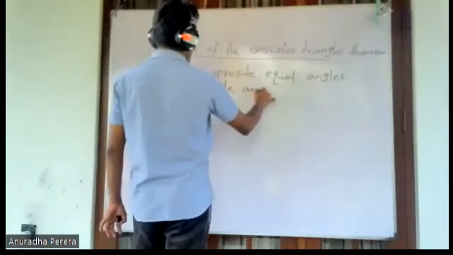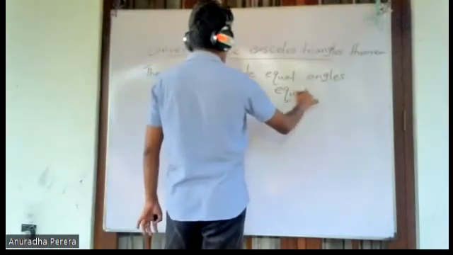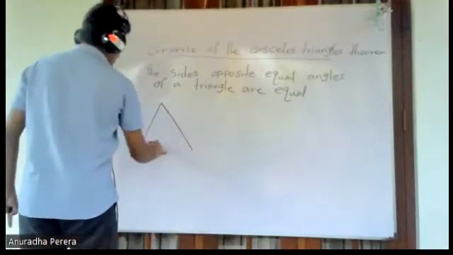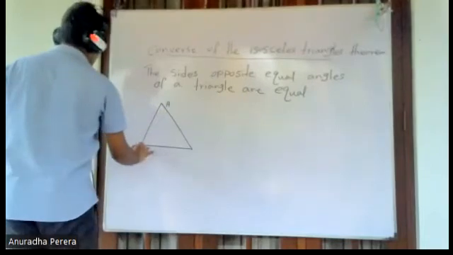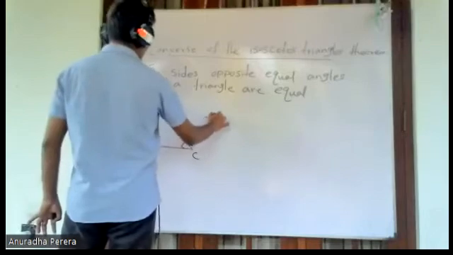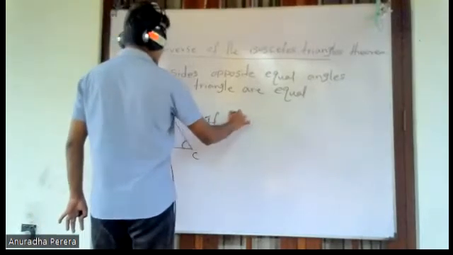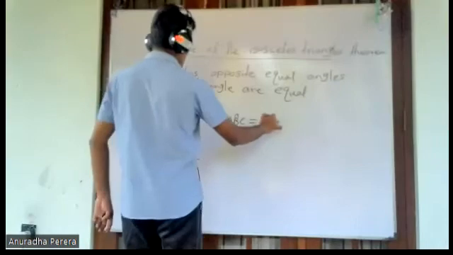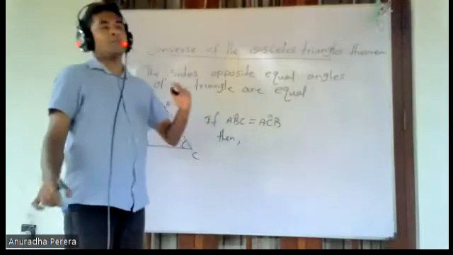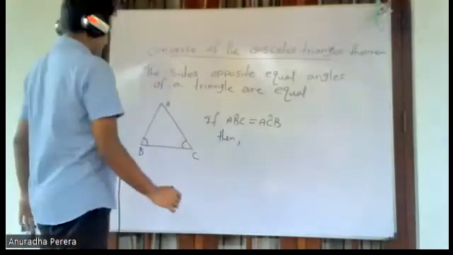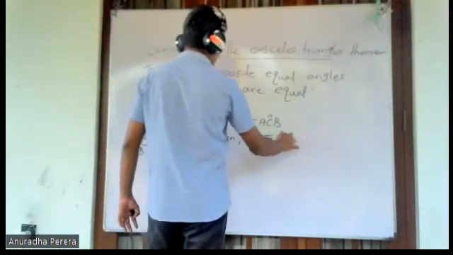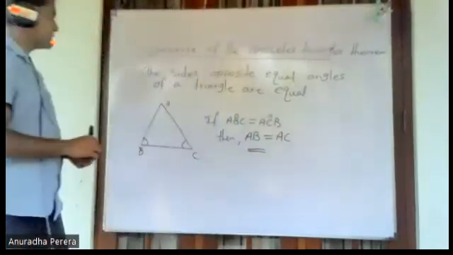We can summarize this in a figure. If angle ABC equals angle ACB, then the sides opposite to equal angles are equal, so you can say AB equals AC. Write down.